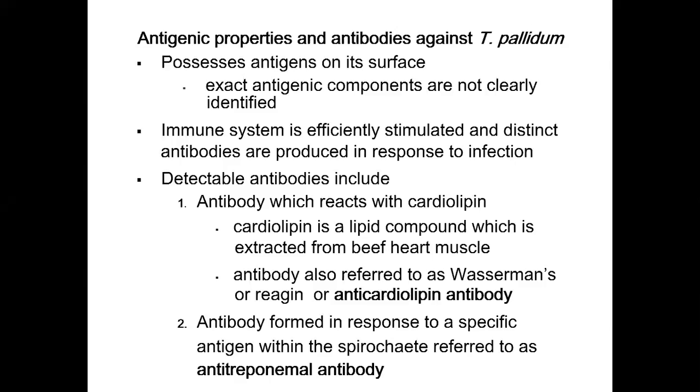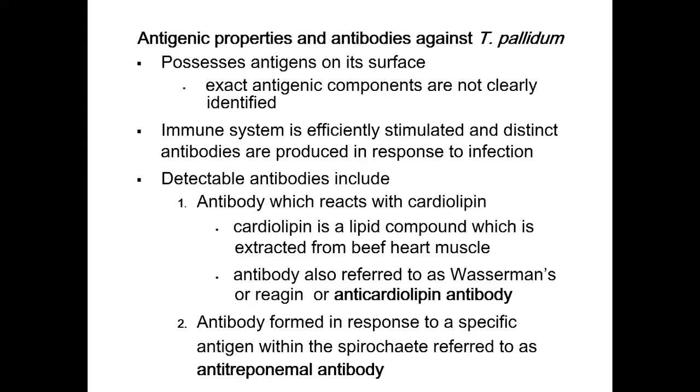But it is known that it has antigens on its surface because when a person is exposed to it, the immune system recognizes these antigenic parts and responds by forming antibodies. So the exact antigenic components are not clearly identified, but the immune system is efficiently stimulated.